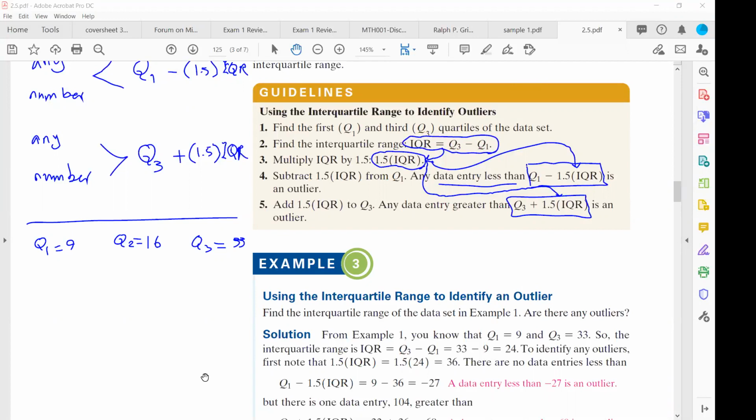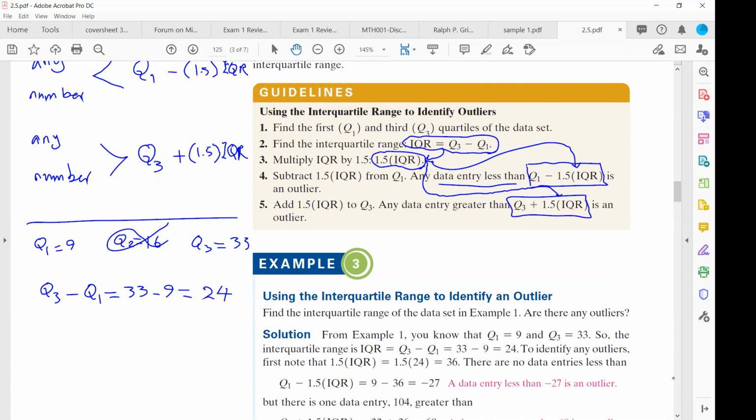Very well. So step 1 says find Q1 and Q3. As you can see, we don't need the second quartile here. In step 2, we need to find interquartile range, Q3 minus Q1. 33 minus 9, which is 24.